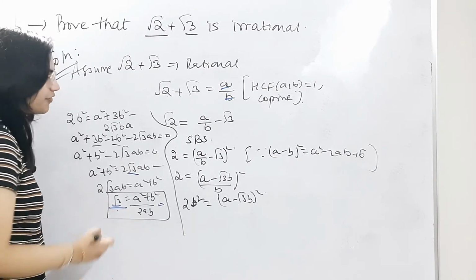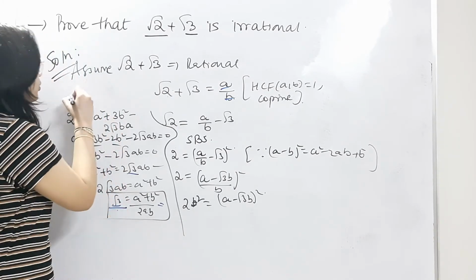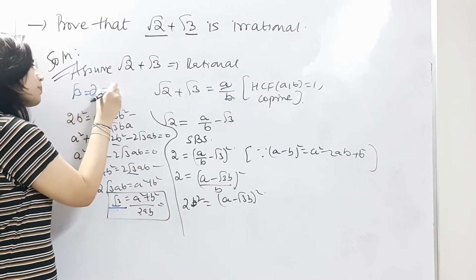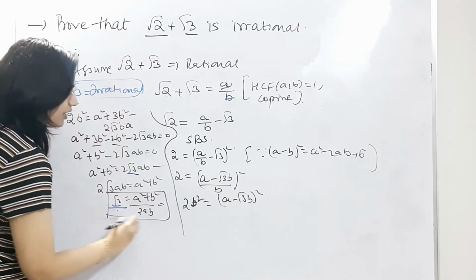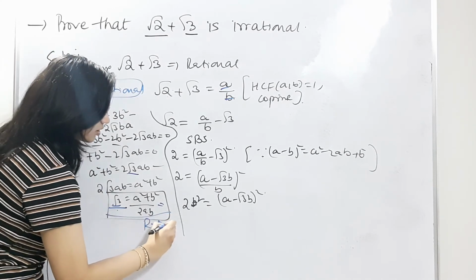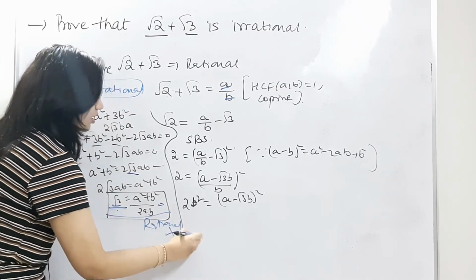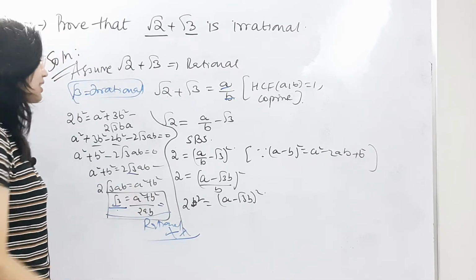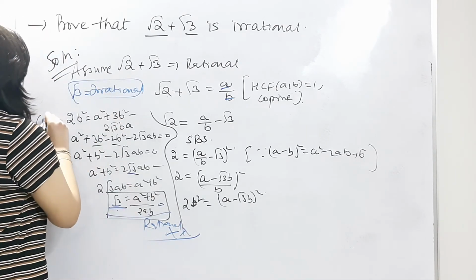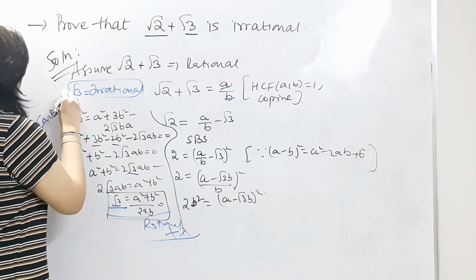But we know for a fact that root 3 is irrational, which we proved just now. But here we are getting root 3 as rational, and this is wrong, or this is the opposite. This resulted in a contradiction.